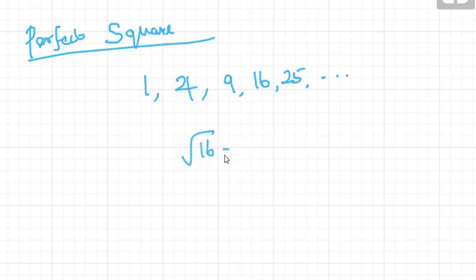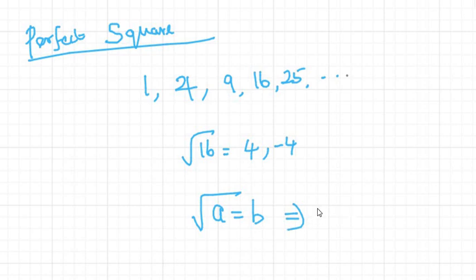Square root of 16 I can find. Square root of 16 is 4. You can say plus 4 or minus 4. In general, root of A is equal to B, which means B squared is equal to A. Note down everything. Root A equal to B means B squared is equal to A. This is square root.